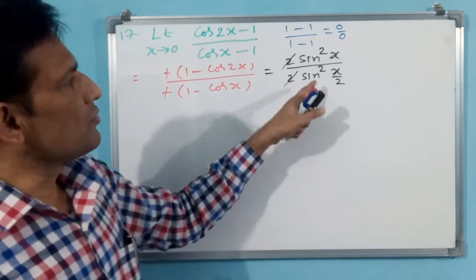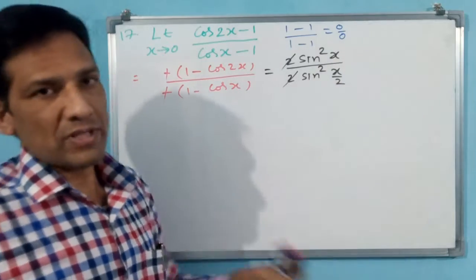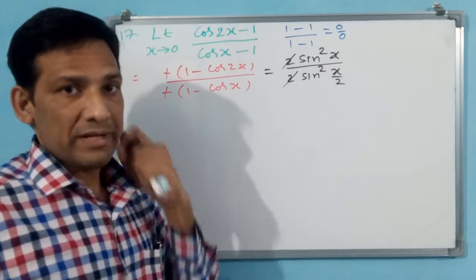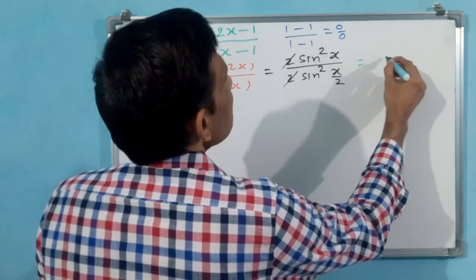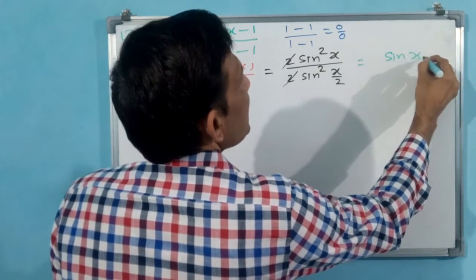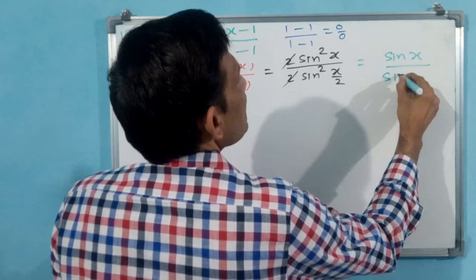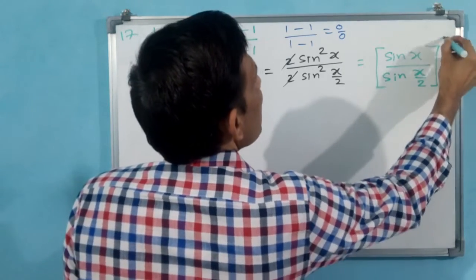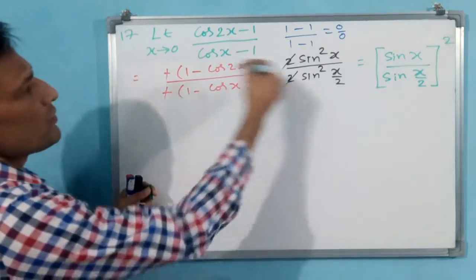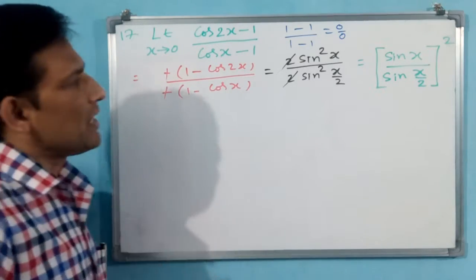Whenever a half angle comes, first you can take the square outside, as both have square. I am writing: sin x by 2 whole square. I have forgotten to put the limit; we will put it last.